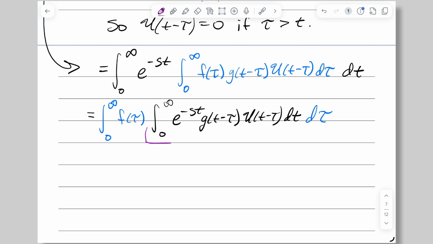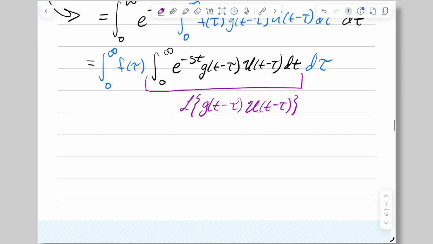Now look closely at the transform integral. We've got the integral from 0 to infinity of e to the negative st g of t minus tau u of t minus tau dt. Well, that's the Laplace transform of g of t minus tau times u of t minus tau. So that part can be replaced.